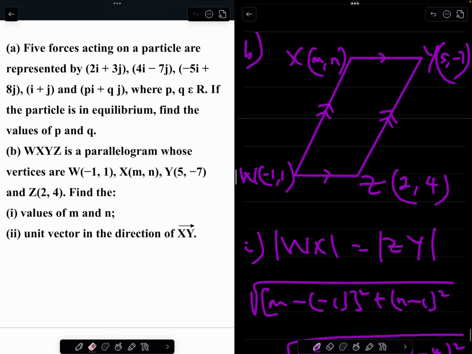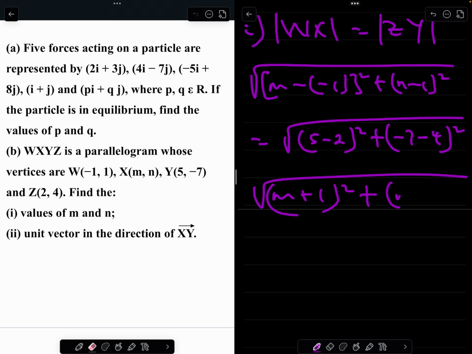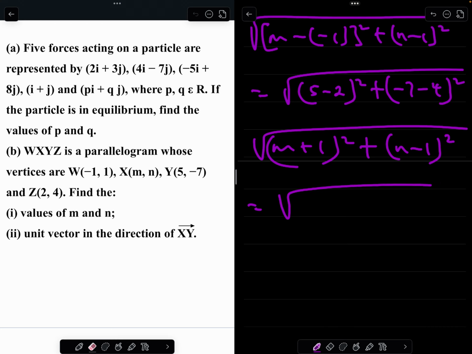That's clearer. So now I have the square root of m plus 1 squared plus n minus 1 squared equals the square root of 5 minus 2, which is 3, squared, plus minus 7 minus 4, which is minus 11, squared.